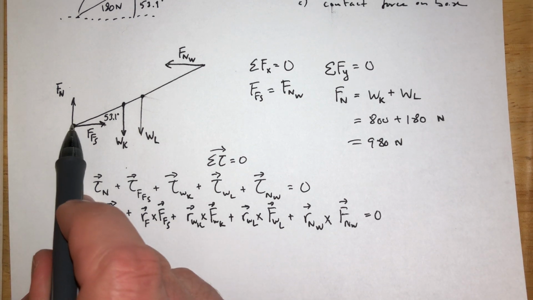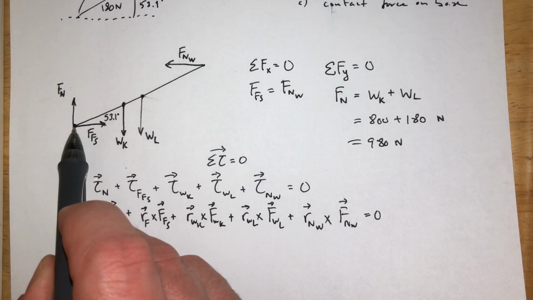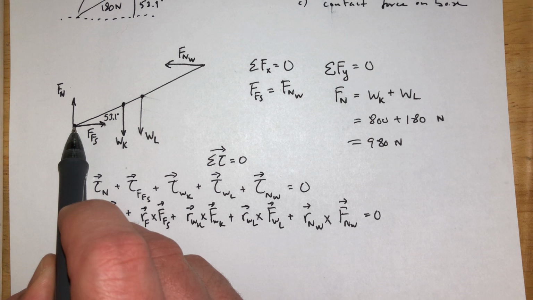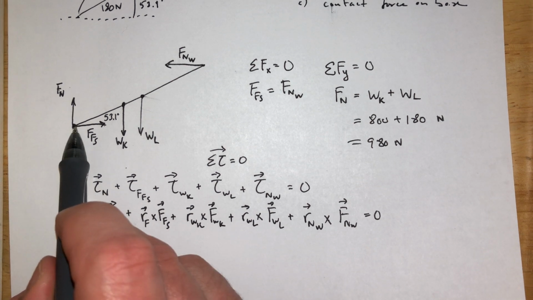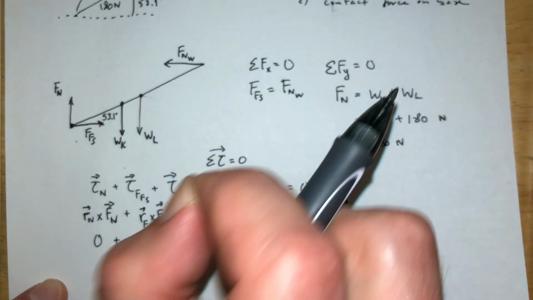And the same thing is going to happen with the force of friction. Friction acts at the point we chose as the axis of rotation. So the vector that points from the axis of rotation to the point of action of friction is 0. It's the same point.